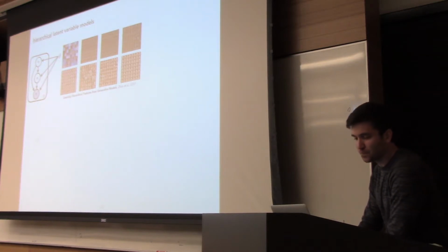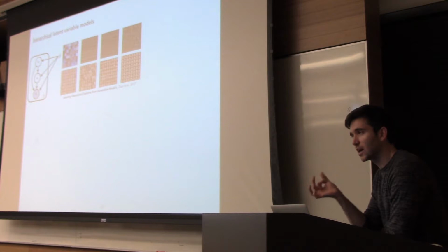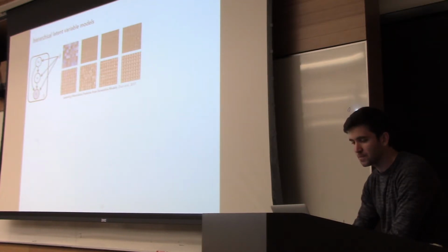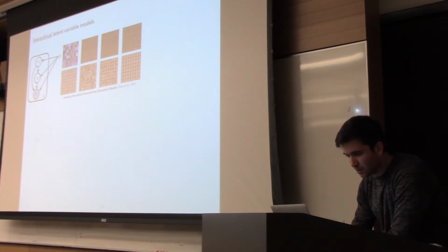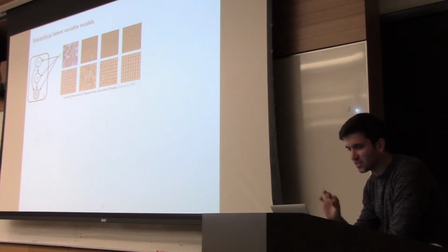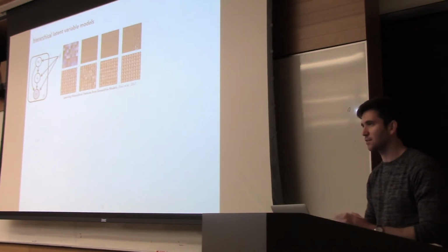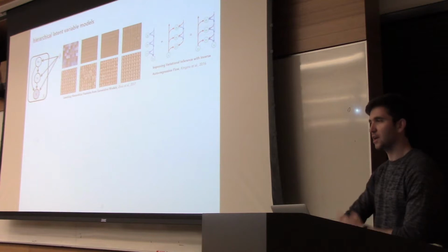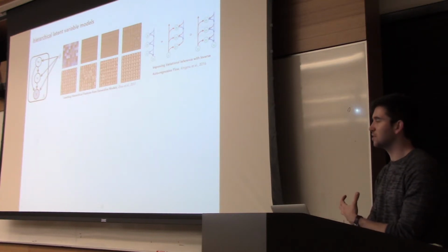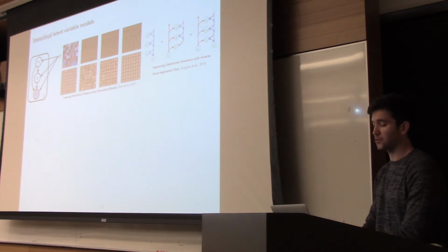Here you're modeling, for instance, the global color of everything. In this case, you might be modeling some intricacies in the structure itself. Here you're modeling the identity of what's going on, and here maybe some other high-level structure. People have built pretty intricate models to do this hierarchical inference.